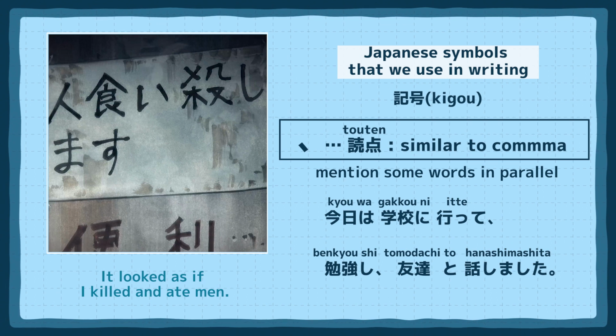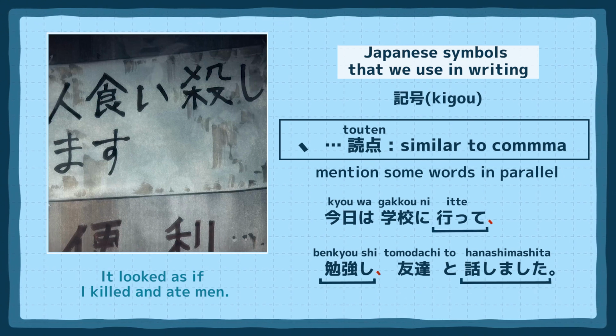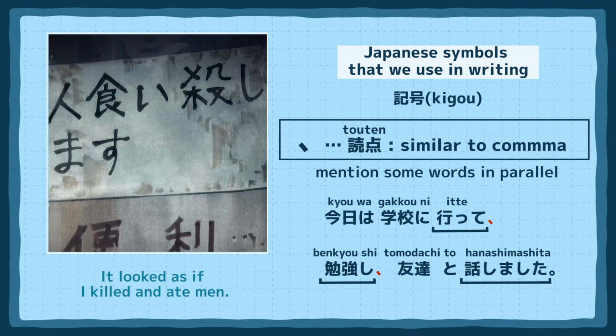Today I went to school, studied, and had a chat with my friend. The parallel part is 行って, 勉強し, 話しました: go, study, and have a chat.